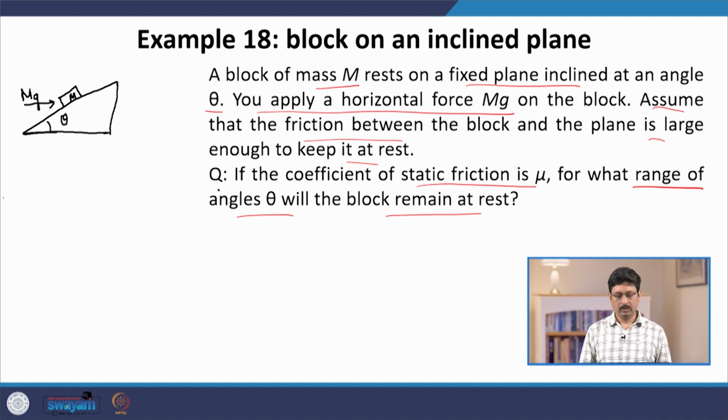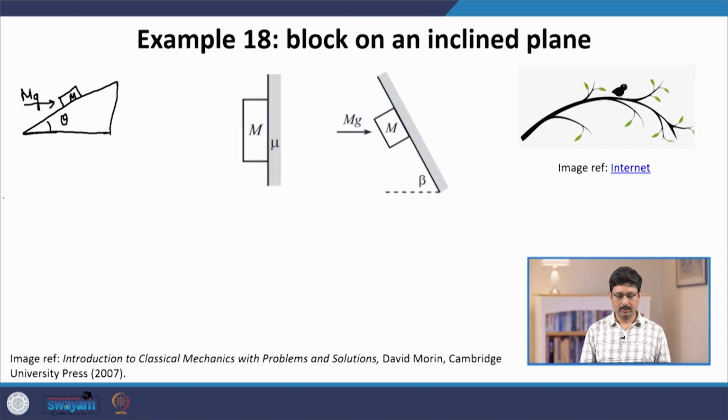Before we start to analyze it, I want to mention one point. Normally, as we have done also, when we think of an inclined plane, we assume that the angle of inclination is less than 90 degrees.